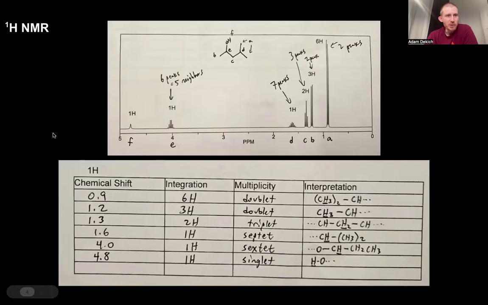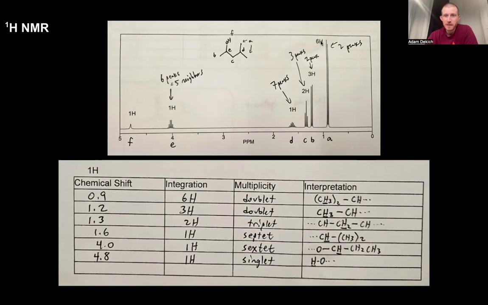Now, if we move on to the proton NMR, we can see the integration. So we can see how many protons and what the ratios are, which is very helpful. So we've got 1, 2, 3, 4, 5, 6 unique hydrogen environments. And that gives us a lot of information. Actually, let's talk about the integration first. So the integration will tell us the ratio of hydrogens to each other.